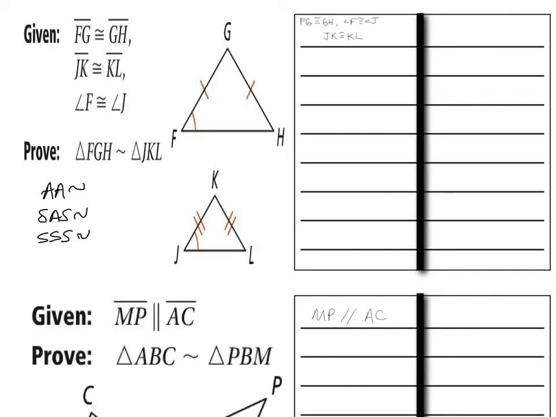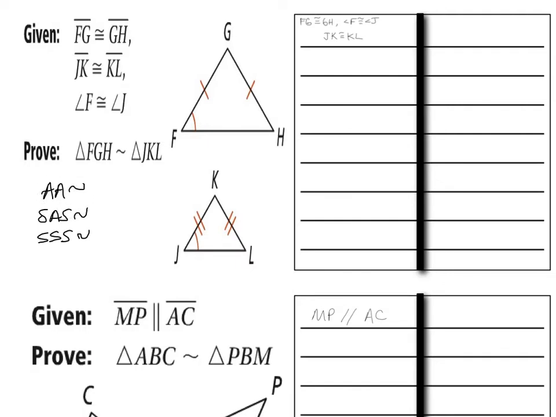Or if I do side-side-side similarity, I have to show that FH is congruent to JL, which again, in this problem, there's no way to show. So I have eliminated essentially these two, side-angle-side and side-side-side. So I'm going to try and show that two corresponding angles in each triangle are congruent with the angle-angle similarity.